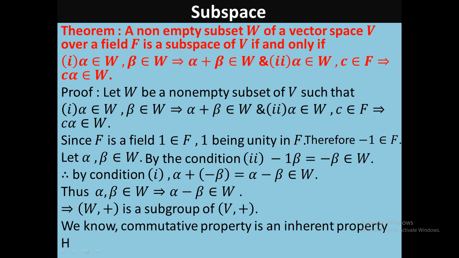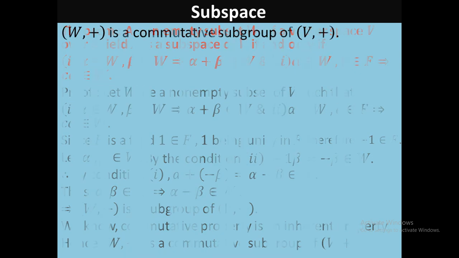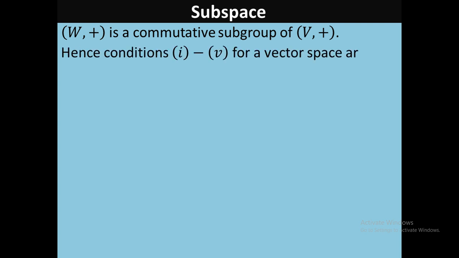Hence W plus is a commutative subgroup of V plus. The first 5 conditions for a vector space are actually the conditions for a commutative group, and W plus satisfies all 5 conditions. Hence conditions 1 to 5 for a vector space are satisfied in W.